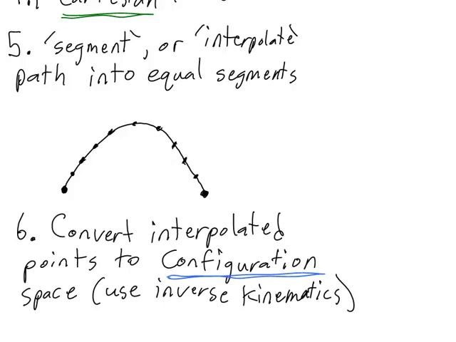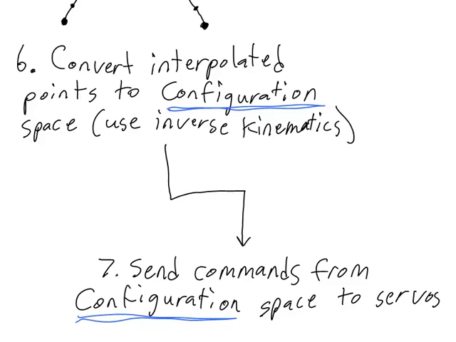So we convert the interpolated points back to configuration space, and we do this once again by using the inverse kinematics. I'm going to stop here and follow along the other possibility where we only want to be efficient, because both of these approaches have a step 7 and it's the same step 7.